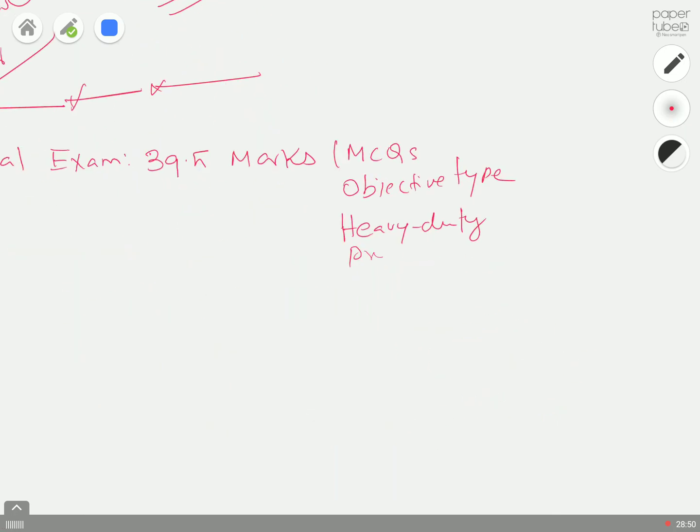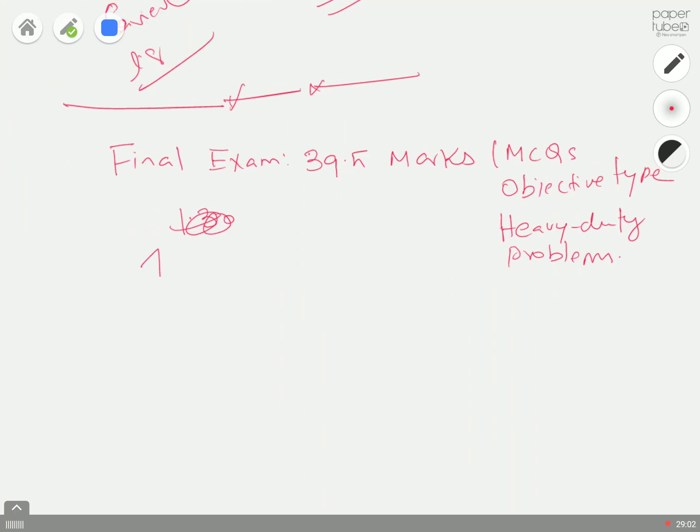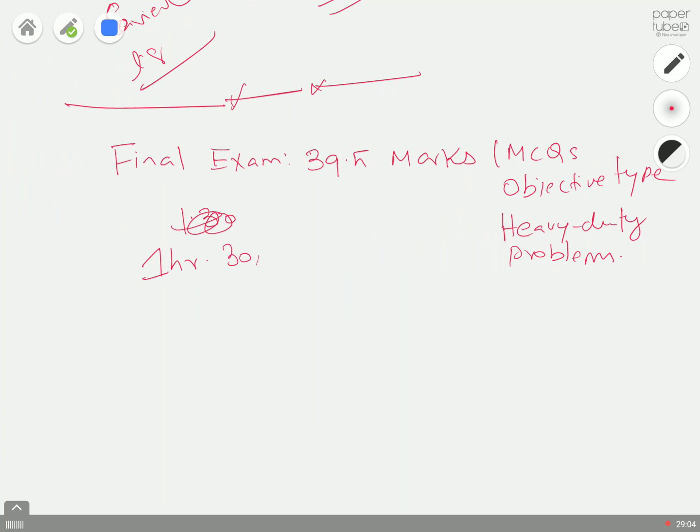Whenever I use the words heavy duty problems, it means you must have practiced at home. If not, you cannot pass that. You cannot solve it within the time. Your exam will be only 1 hour and 30 minutes. I'm not going to extend the time, no matter how hard you find the question paper.